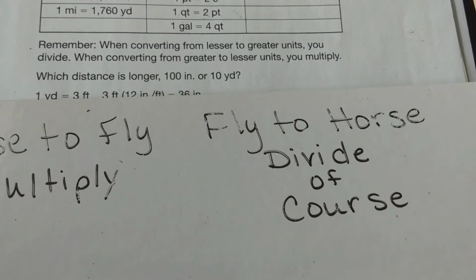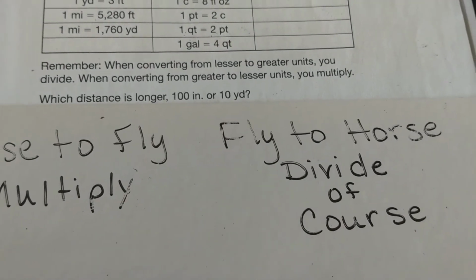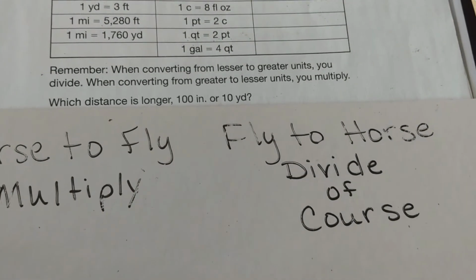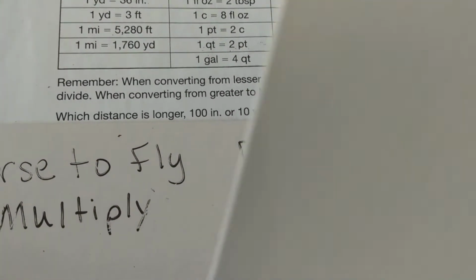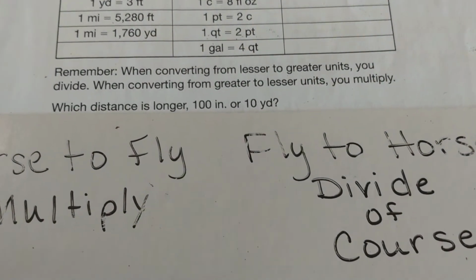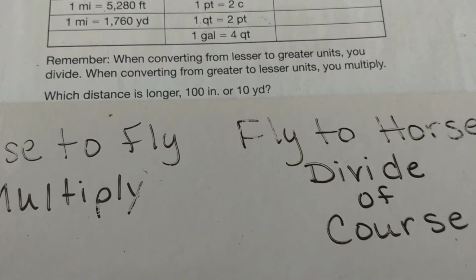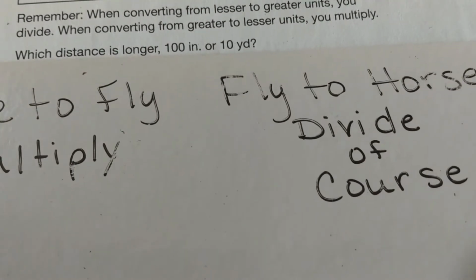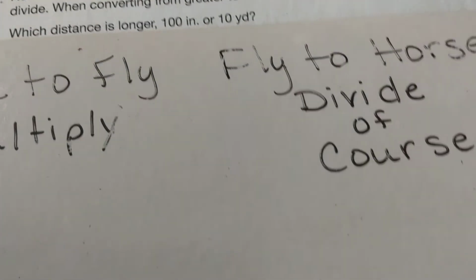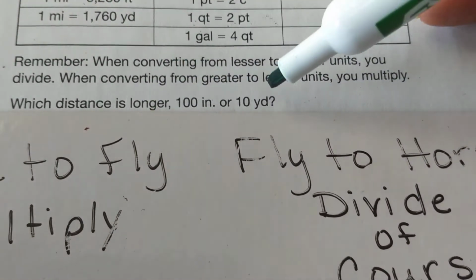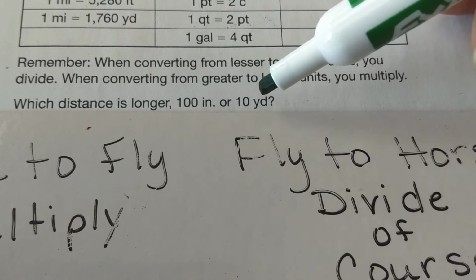So my first question is this: which distance is longer, 100 inches or 10 yards? So how would I go about solving this? Okay, so we have inches and we have yards, right? Let's look at that first of all. Inches and yards. Which one is the larger unit?